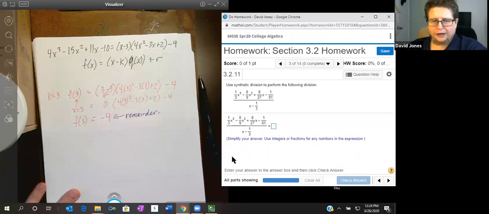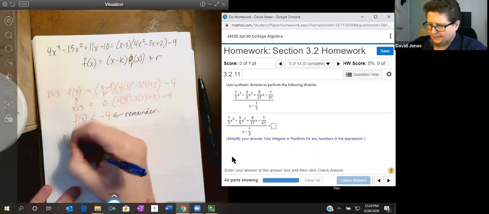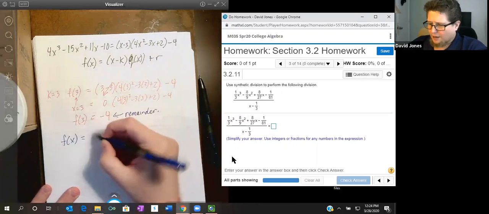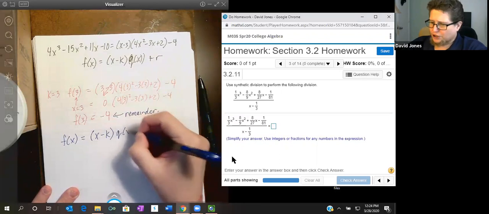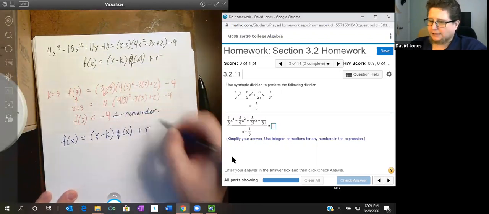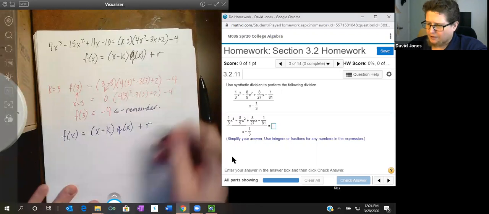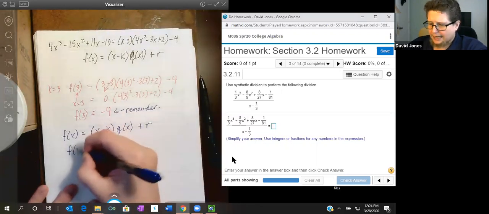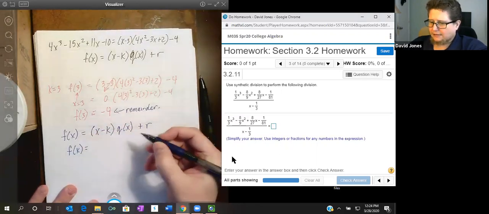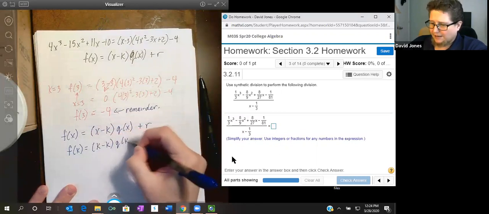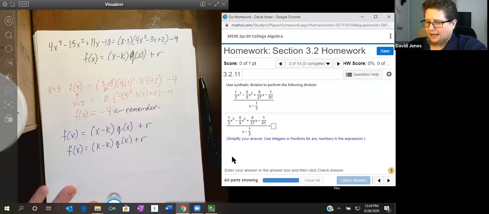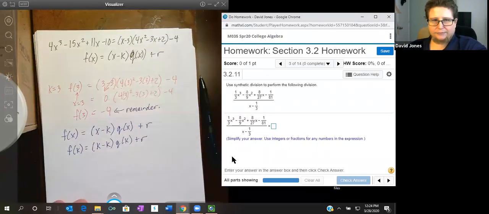And this is true for anything that you can write like this. If I can write f of x as a product of x minus k times another function q of x plus r, when I plug in k, I get k minus k times q of k plus r, and k minus k is 0.